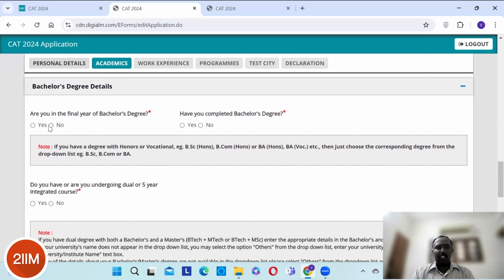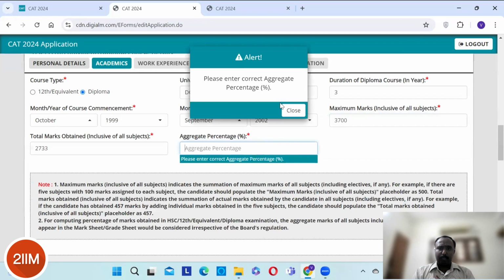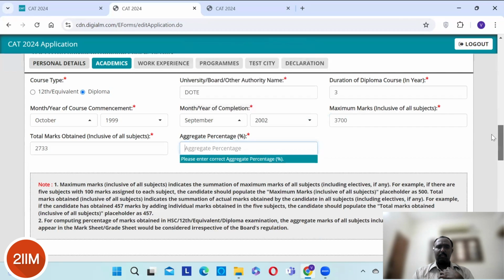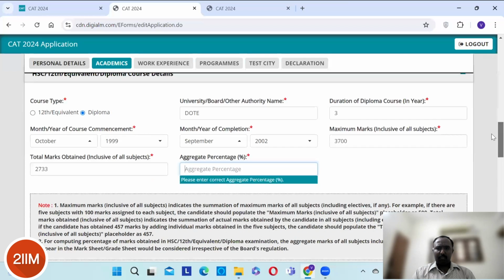I completed my bachelor's degree, so I am giving a no. I think there is a small error in terms of percentage, so I'll just check it out.